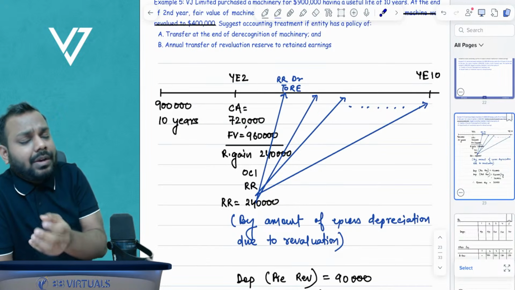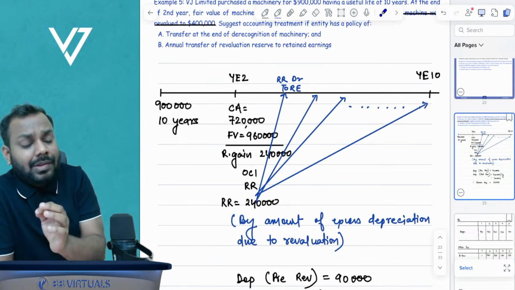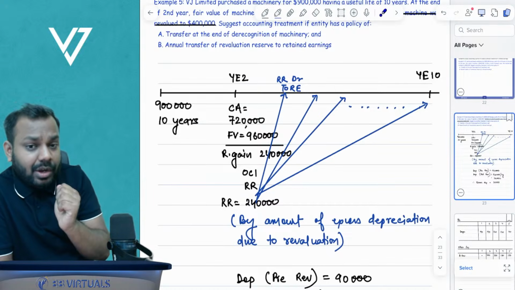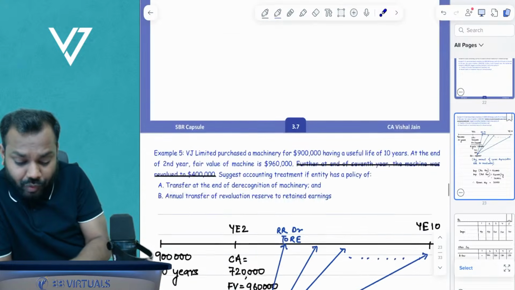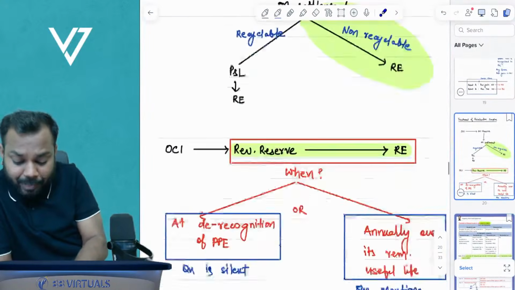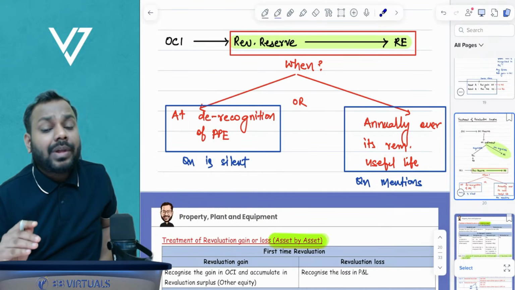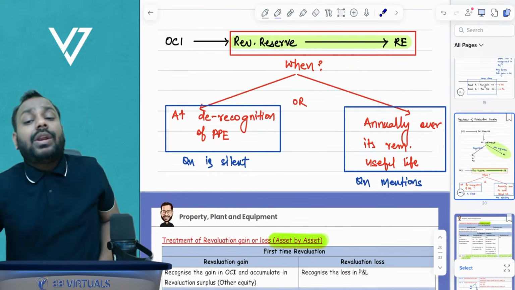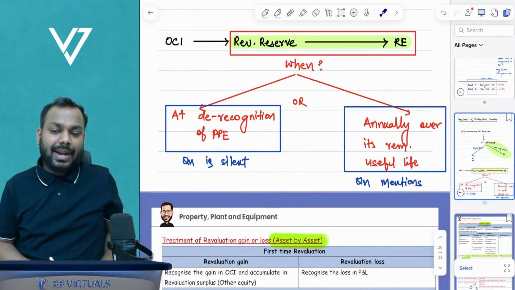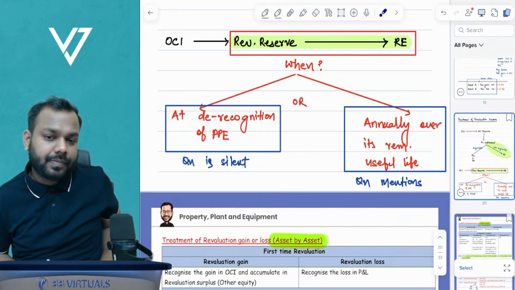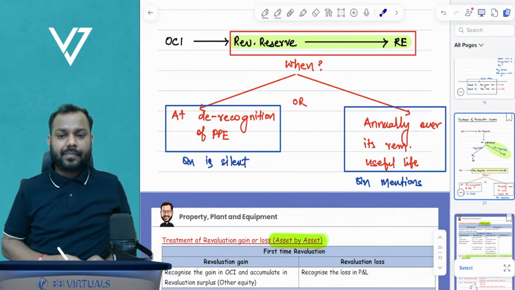What matters is we transfer revaluation reserve to retained earnings over the remaining life. Remaining life starts from the date next to revaluation date. Are you getting my point, Aditya?